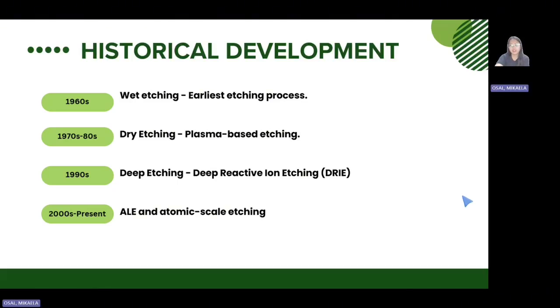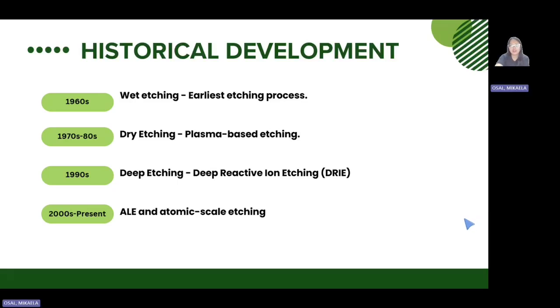In the 1970s and 80s, we saw a major leap with the introduction of dry etching, particularly plasma-based methods like reactive ion etching or RIE. This brought better directionality and control, key for the growing complexity of chips.